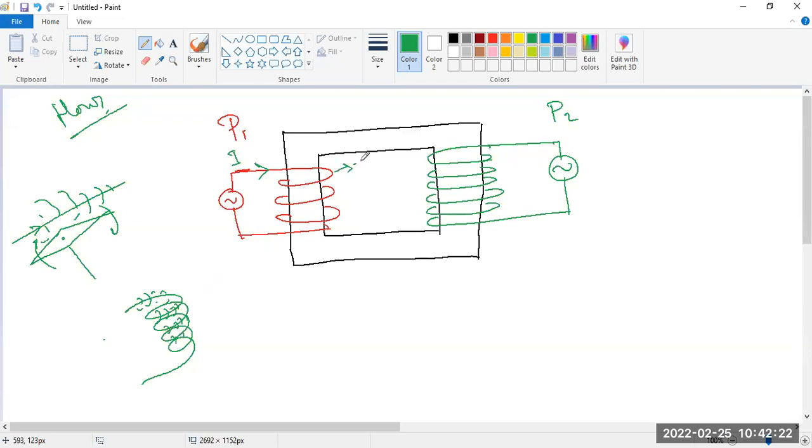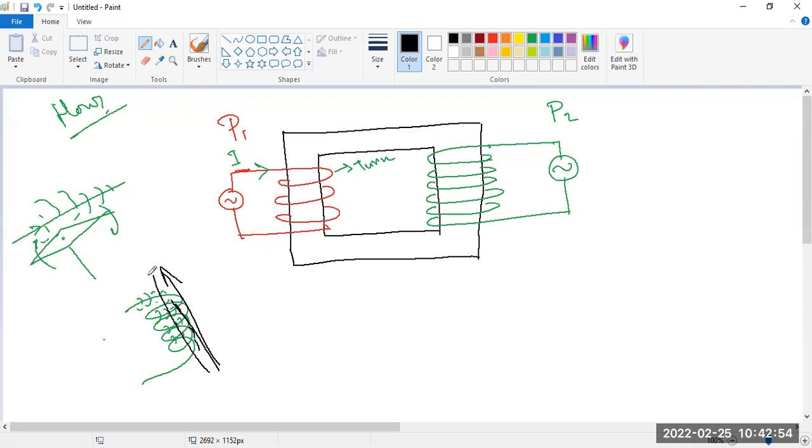The number of turns is different: here the red one is very small and the green one is very high. Each conductor creates a magnetic field, and if you take the vector sum, 1 plus 1, 1 plus 1, you get the lines of force for this particular cross section.